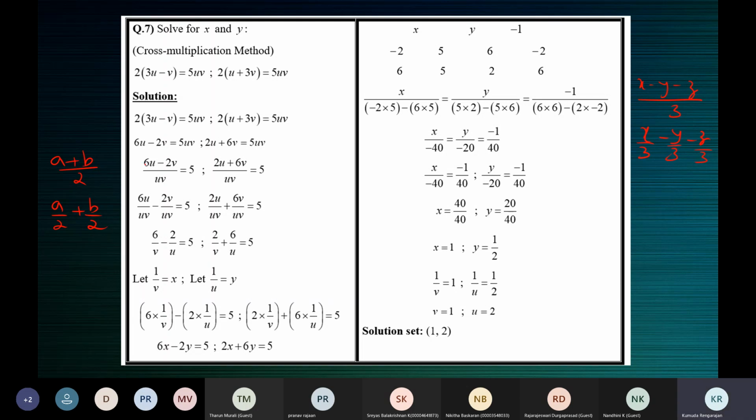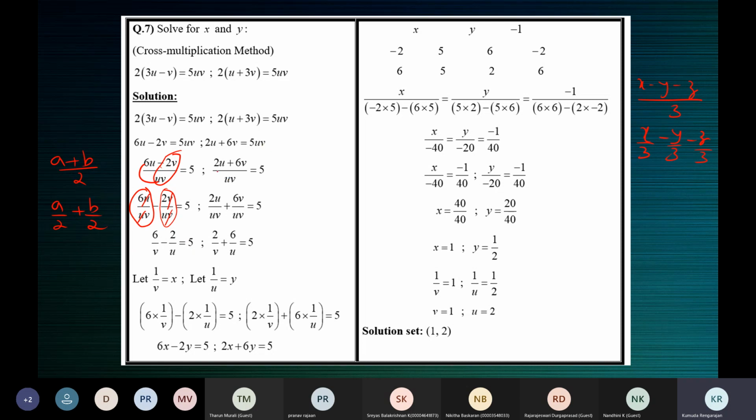Similarly, 6u divided by uv minus 2v divided by uv is equal to 5. Now u and u will get cancelled. So 6 by v minus, and v and v get cancelled, so 2 by u is equal to 5. Do the same thing with the other equation.